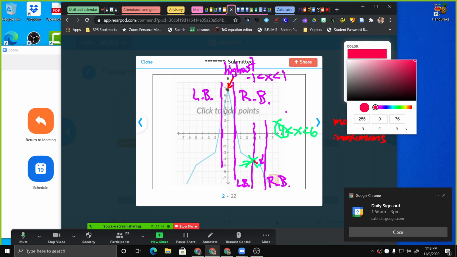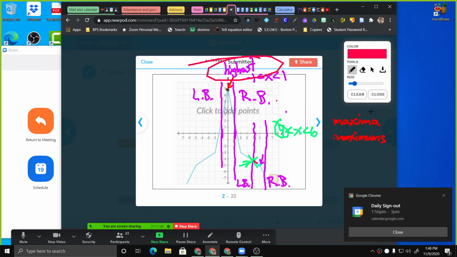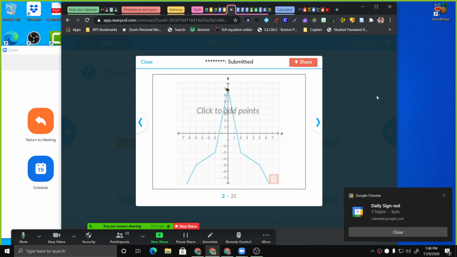Would you ever get to a highest point now that you've taken out the green point? No, there's always going to be something a little closer to the green point. There's no end to that process. So there is no relative maximum here. The only relative maximum is right up here. There's no relative maximum in this interval right here.